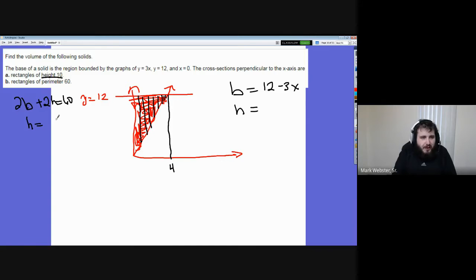60 minus 2 base divided by 2 for the height. So 30 minus the base. Well, what is that? 30 minus 12 plus 3x. And then subtract, and you get 18 plus 3x.